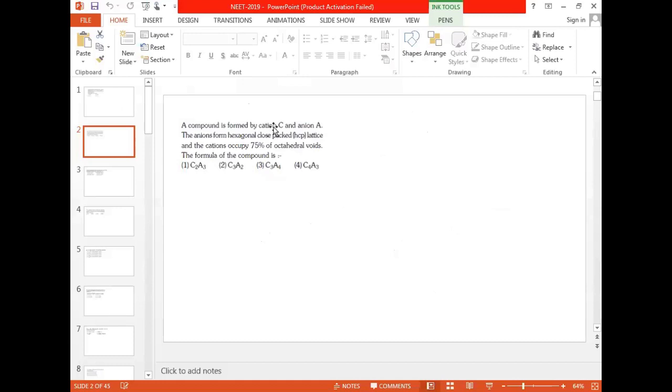What I'm telling is, here cation C is there and anion A is there. The anion is going to form HCP, so only one I am considering. Then the cation is occupying 75%, so I am taking it as 3/4. For C it is 3/4.